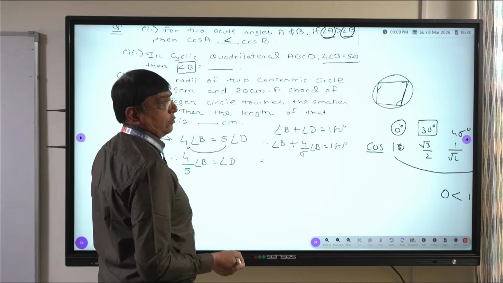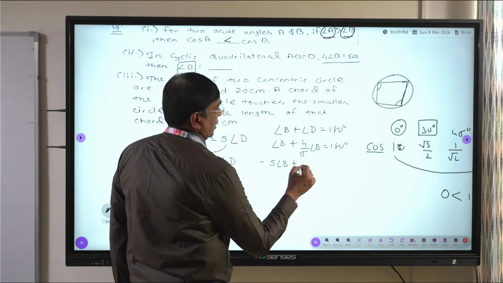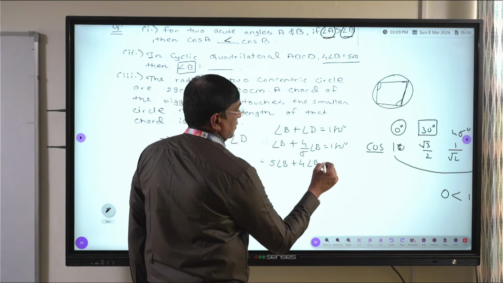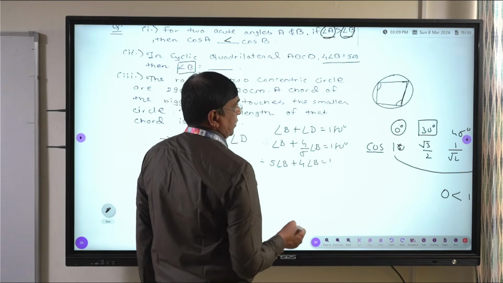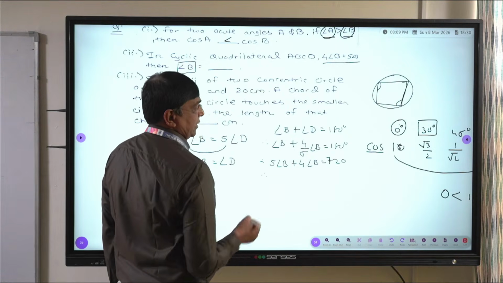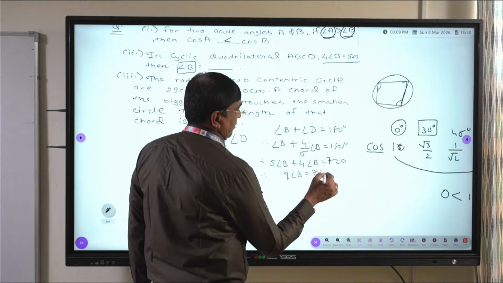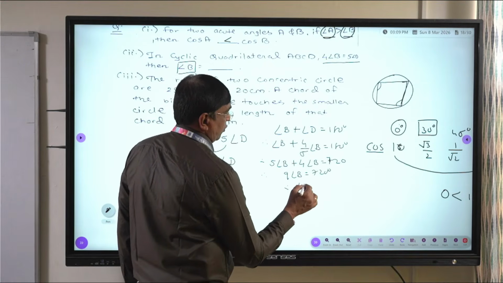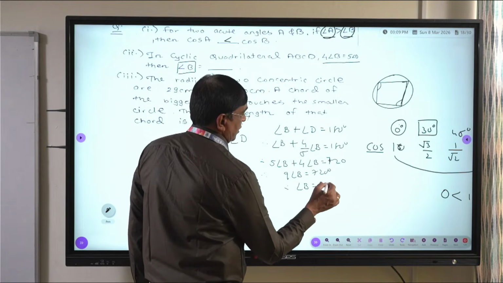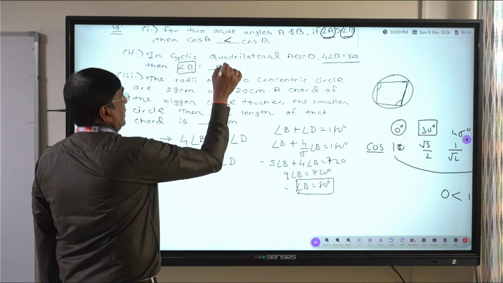Taking LCM 5, 5 angle B plus 4 angle B equals 5 times 180, which is 900. So 9 angle B equals 720, and therefore angle B equals 80. So the measure of angle B is 80.